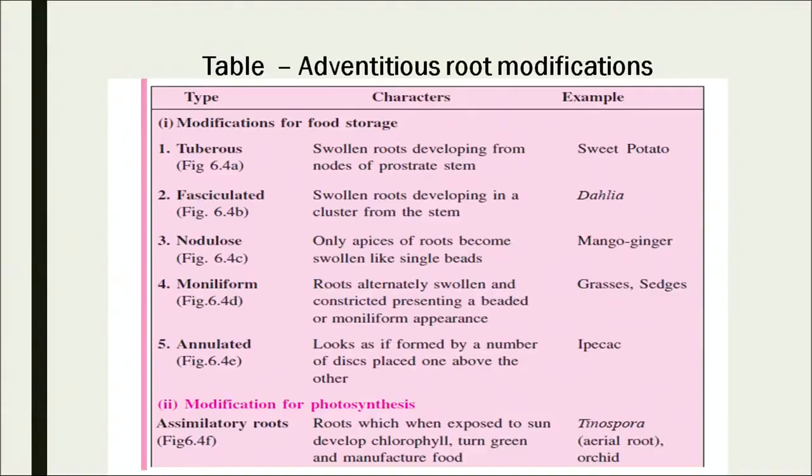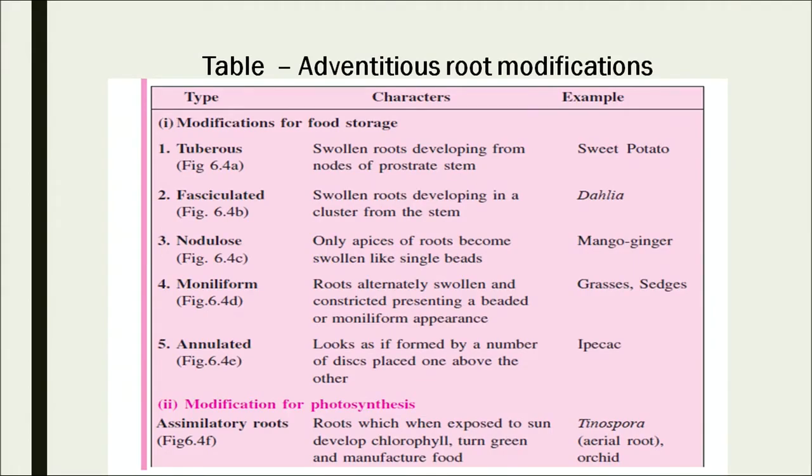Then next is how we basically see the adventitious root modifications. So we have already talked about tuberous, fasciculated, nodulose, moniliform and annulated roots, and in this table you are seeing their examples as well.